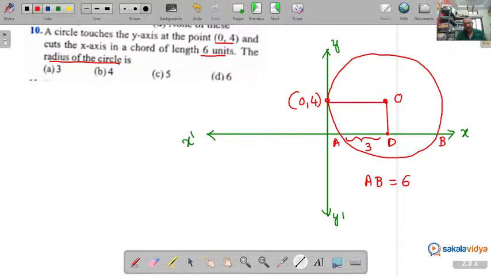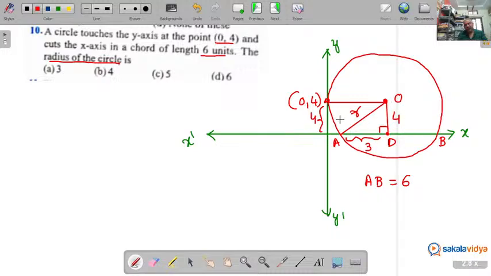Here actually radius is what we need to find out. This is actually AD, so this is not radius. You join this one, OA is the radius, say R. This will be right angle. Actually it touches y axis at 0, 4 means this length is 4.